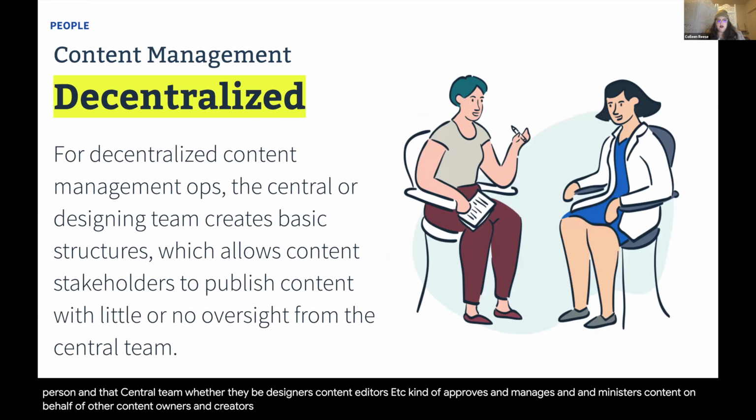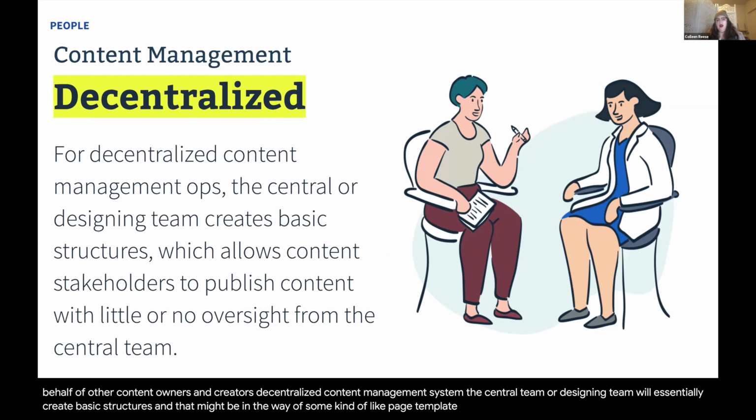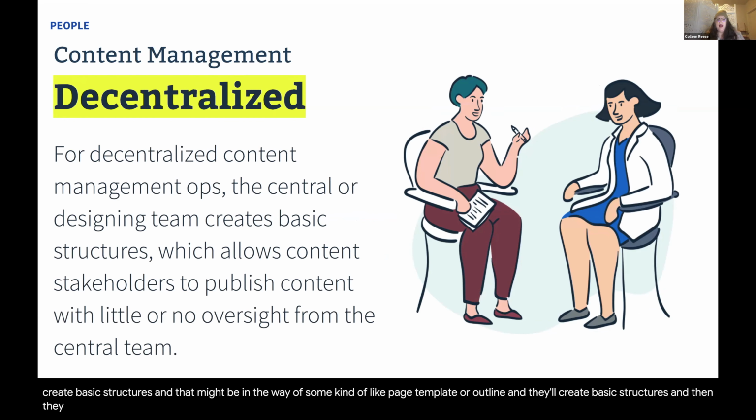In a decentralized content management system, the central team or designing team will essentially create basic structures. And that might be in the way of some kind of page template or outline. And then they will allow content stakeholders to publish content with little or no oversight from the central team.